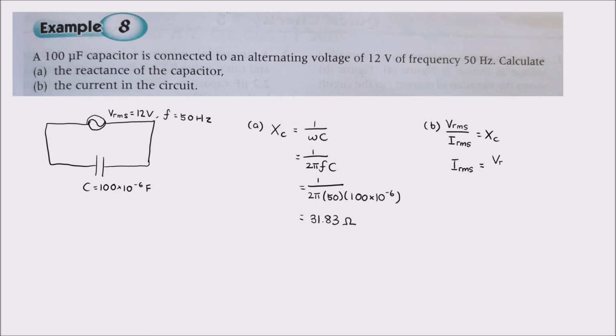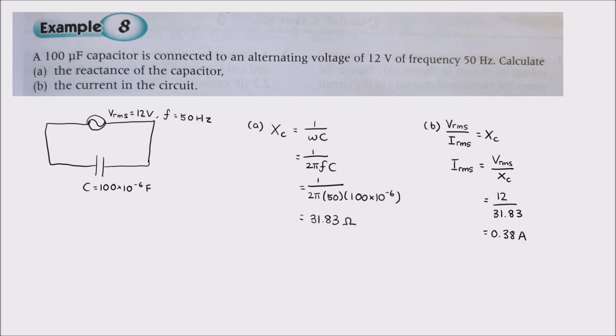So it will be VRMS divided by XC. VRMS here is 12 volt, and the capacitive reactance we calculated just now is 31.83. If we substitute everything together, you'll find that the answer is 0.38 ampere. This is the root mean square current flowing through this capacitor.